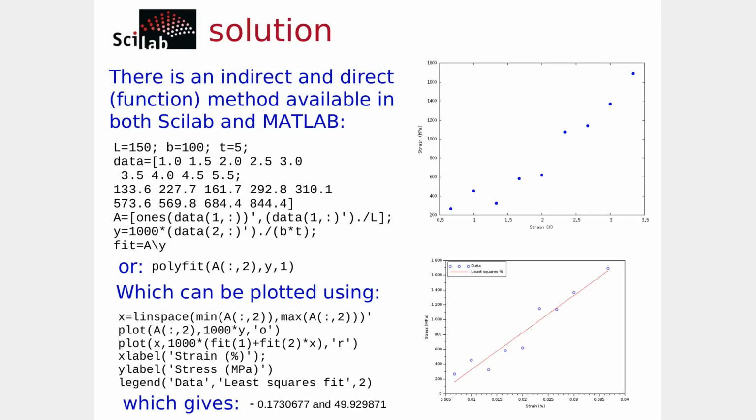Underneath, if the matrix is not square, then it resorts to solving the over-constrained problem using the least squares method by default in both Maxima and MATLAB, so it's worth knowing.